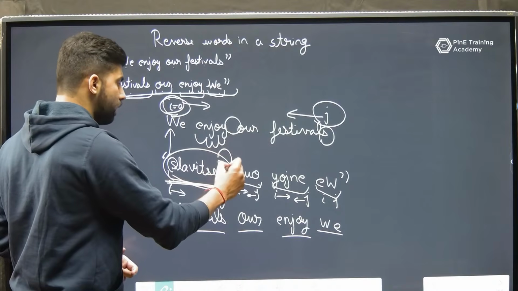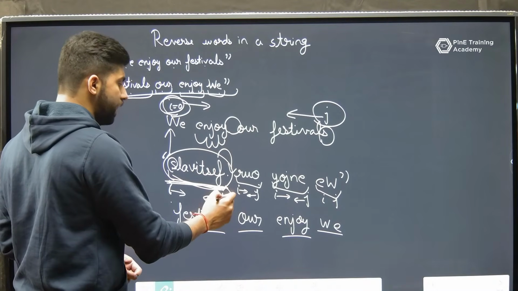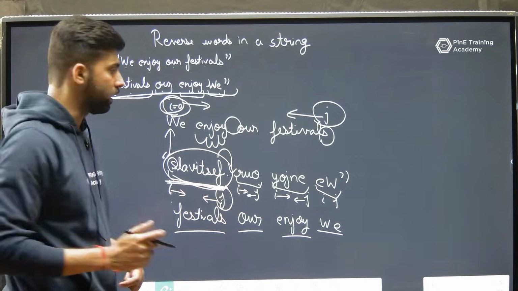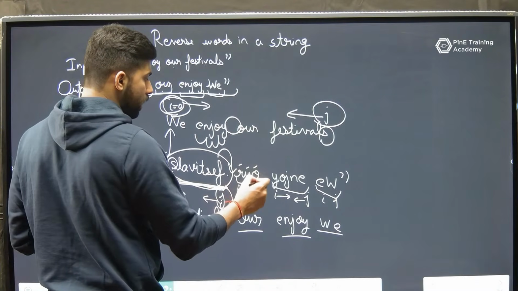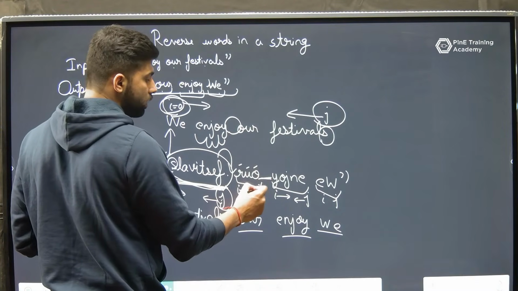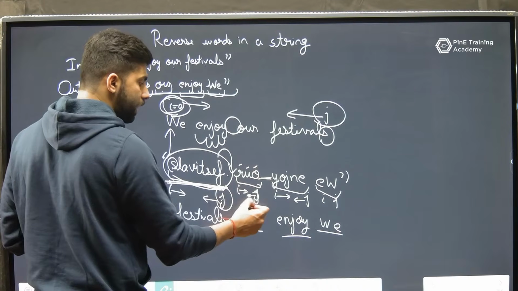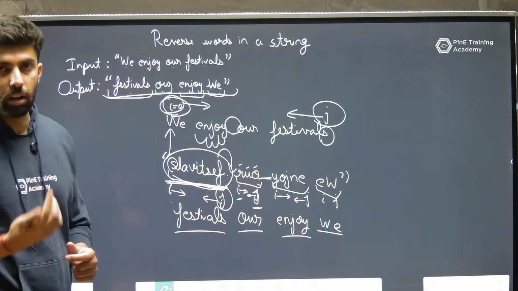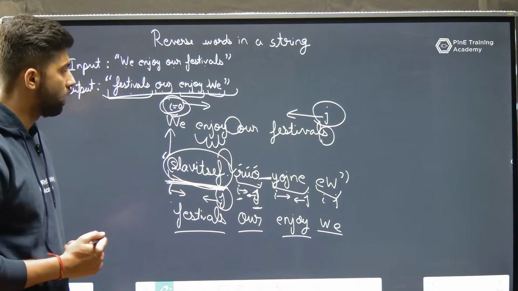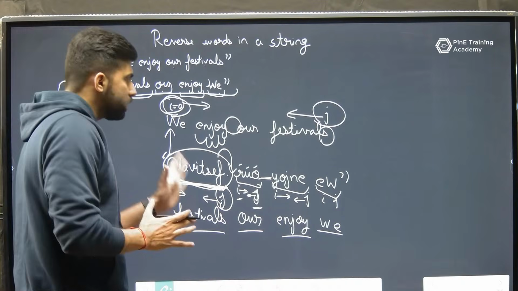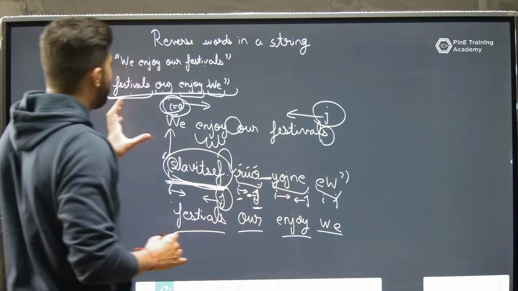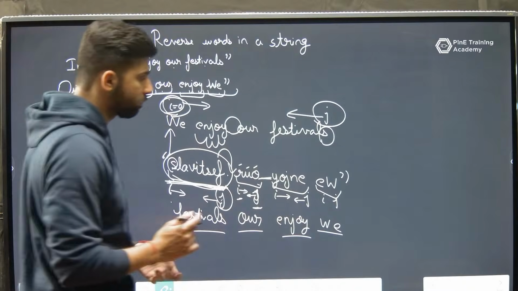So if I get space after this, I know that I can place j here, and then I can start reversing. I will again traverse, and as soon as I encounter space, I know that my word has ended. I can place j and start reversing, right? So this is the complete logic for this particular code.